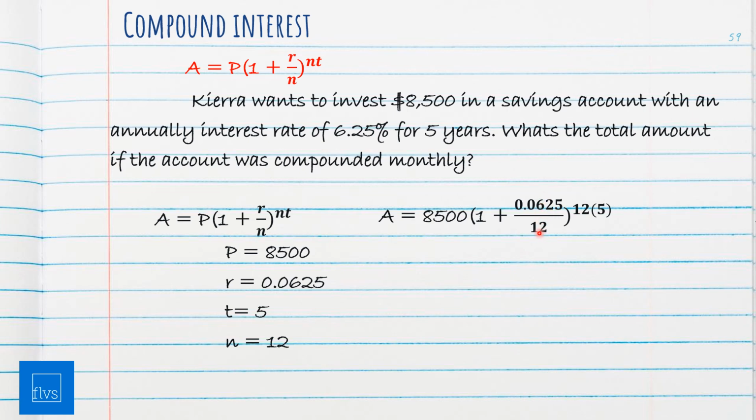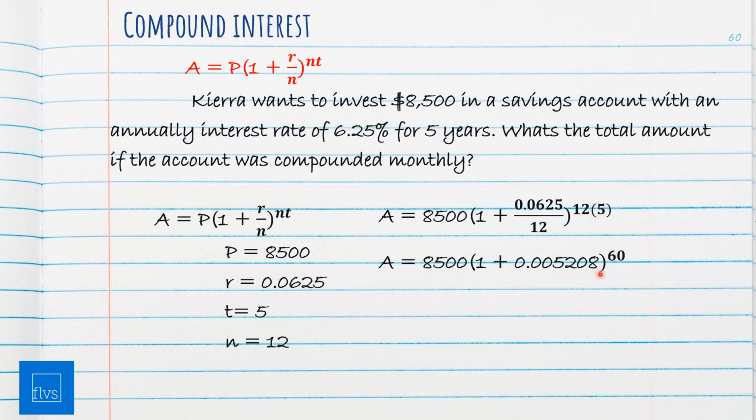Division comes before addition. So we must divide these two numbers first. So when we divide, and we can also multiply those at the same time, the power. When we divide the 0.0625 by 12, we get 0.005208.